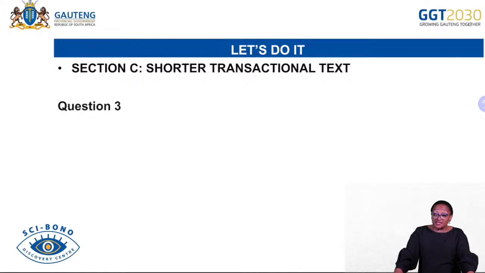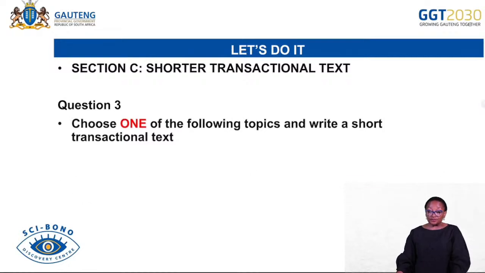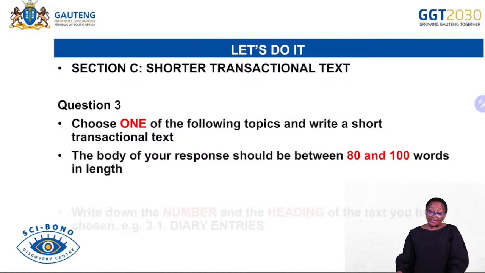A shorter transactional text which forms our question 3. And these are the instructions for that text. Let us quickly go over the instructions. You've got to choose one of the following topics and write a short transactional text. The body of your response should be between 80 and 100 words in length.